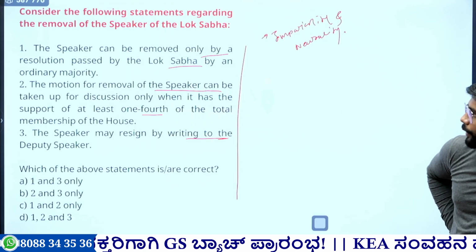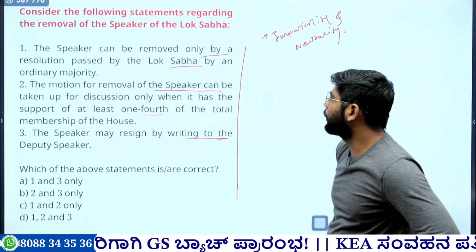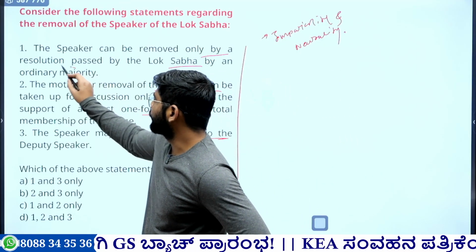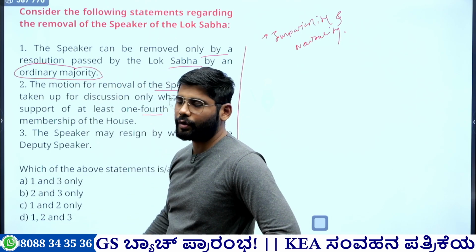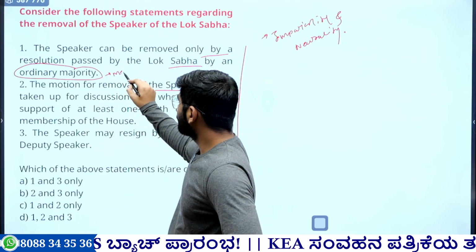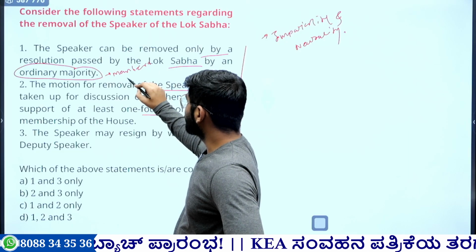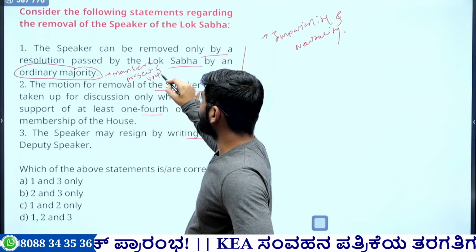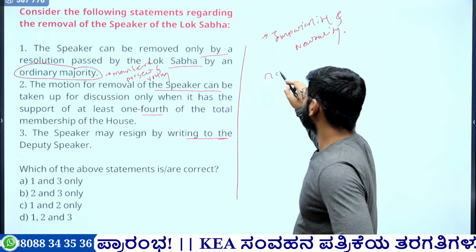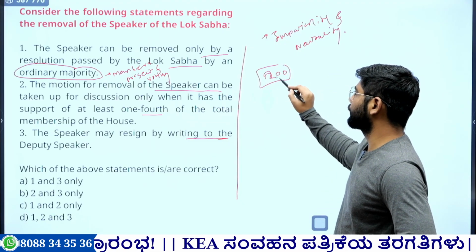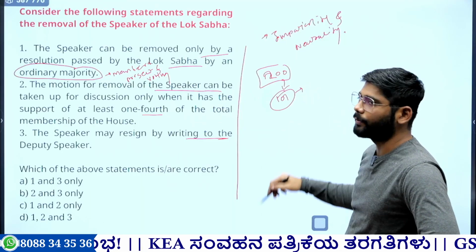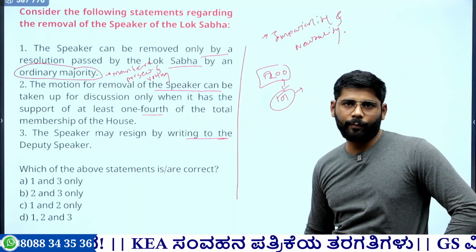Here we see: the Speaker can be removed only by a resolution passed by the Lok Sabha by ordinary majority. It is not ordinary majority. What is ordinary majority? The members present and voting. Ordinary majority means, if 200 members are present in the Lok Sabha for one sitting, and 100 or 101 members pass the resolution to remove the Speaker, will the Speaker be removed?